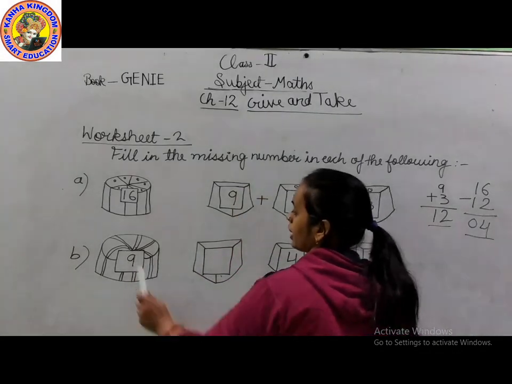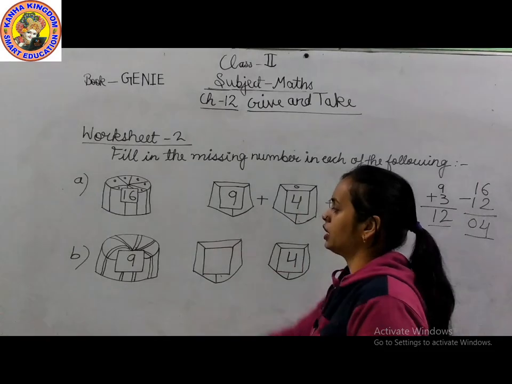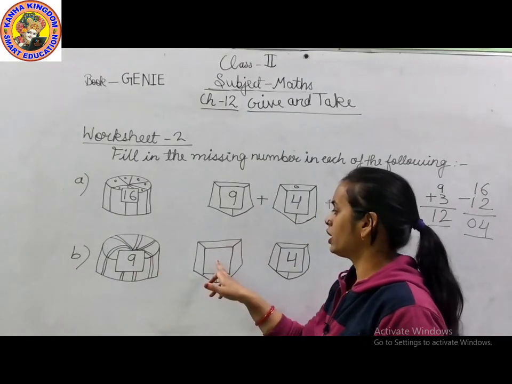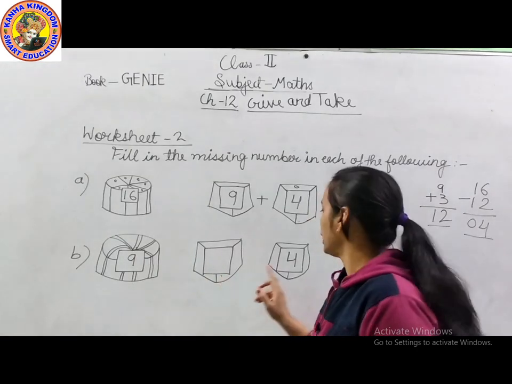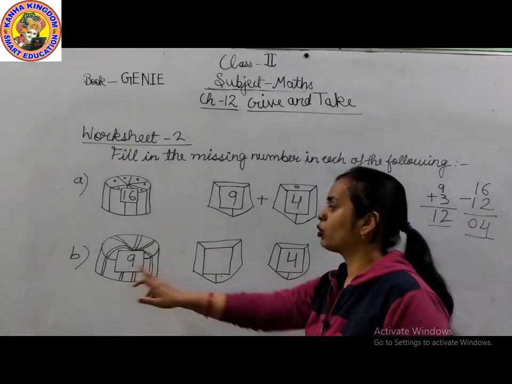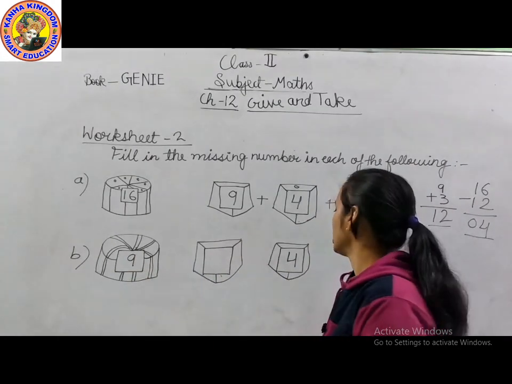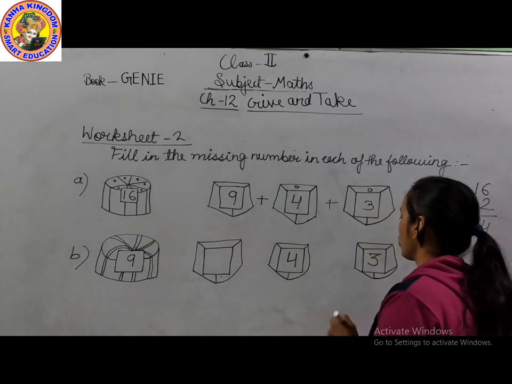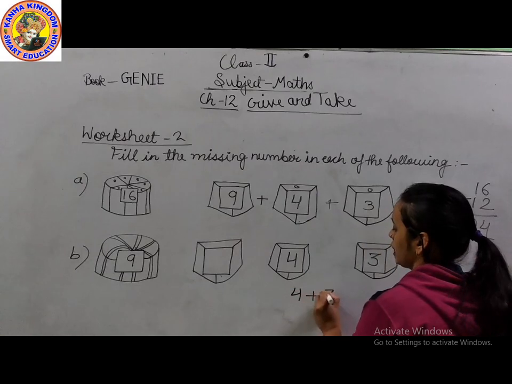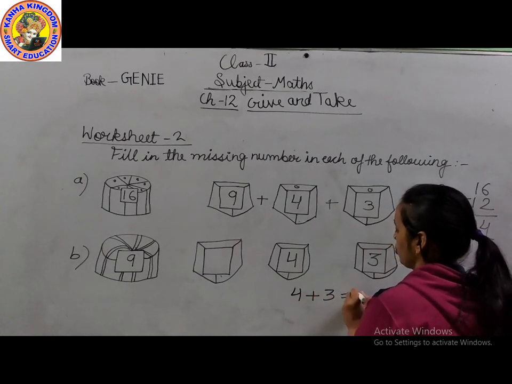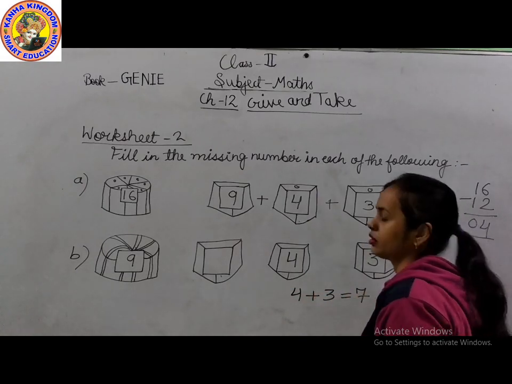Now, next question is 9. So what we have to add in 4 and 3 to get number 9. First we add 4 and 3. So 4 plus 3 equals to 7.